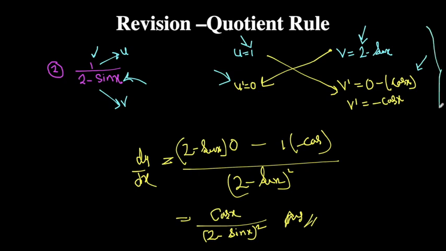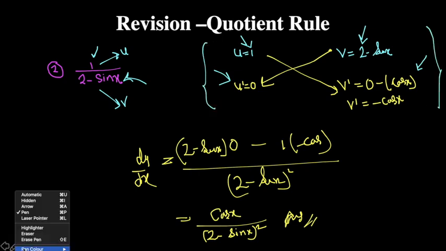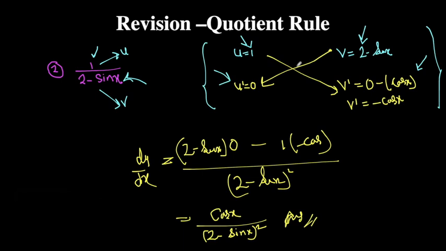This part is similar to the product rule, but what is different here is that you have to start multiplication from here to here. That's what I've written here, 2x minus sine x multiplied by 0.